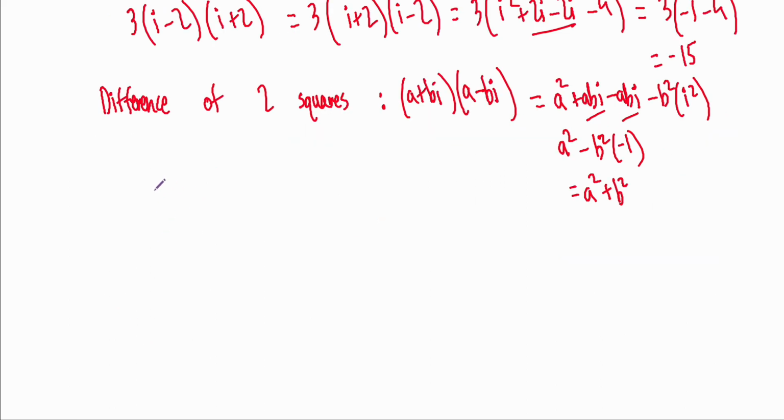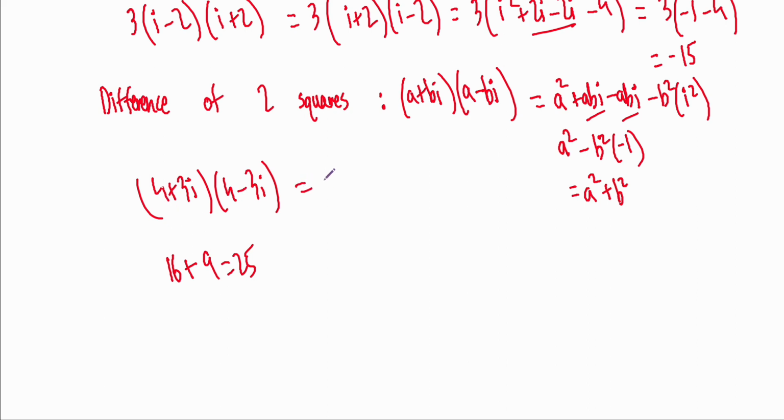So for example, if I gave you 4 plus 3i, times 4 minus 3i, multiplying by the conjugate, before we even do any working out, we expect it to be a squared plus b squared, so we expect it to be 16 plus 9, which is equal to 25. Let's try it.